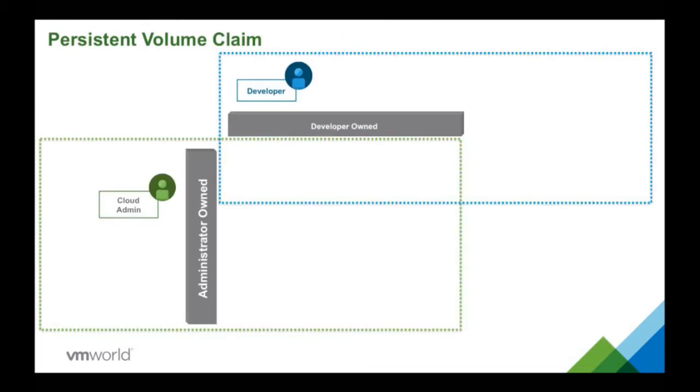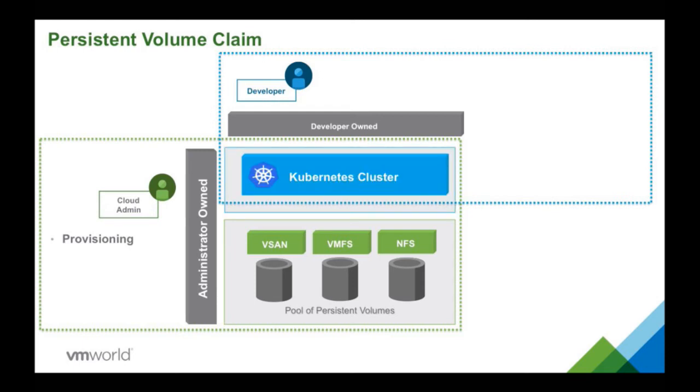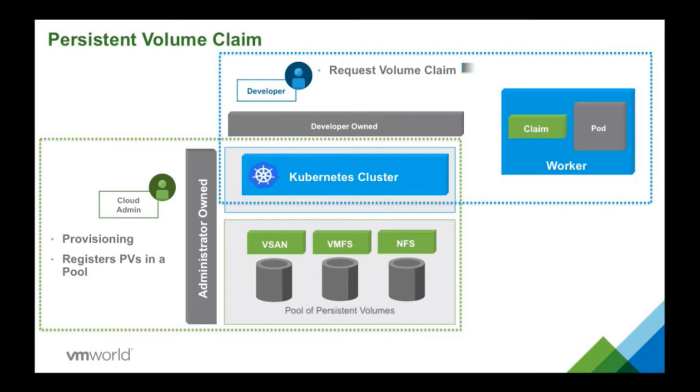Persistent volume claims. This involves two owners: administrator owned and developer owned. The provisioning portion is going to be backed by some type of data store. They're going to provision a Kubernetes cluster and register a persistent volume class inside of it. Then the developers can request a persistent volume claim.